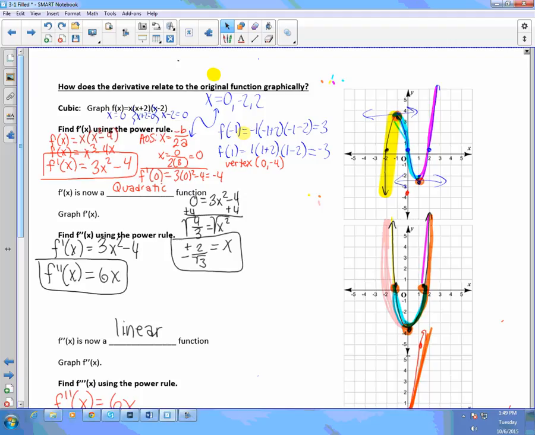No. Because we didn't know how to take derivatives of all types of functions before, eventually before Halloween. Alright, so we have 20 minutes here.